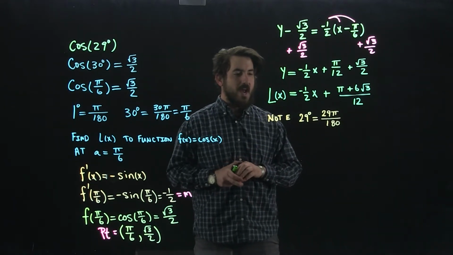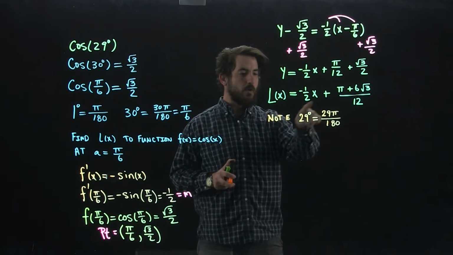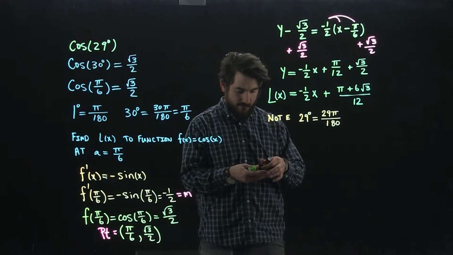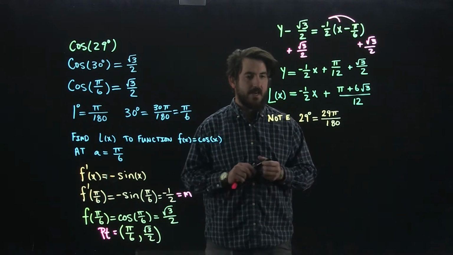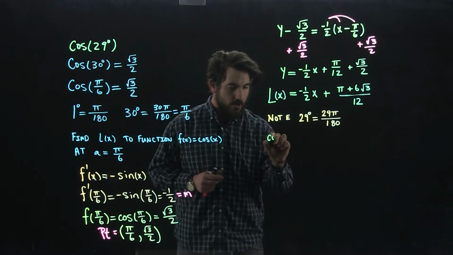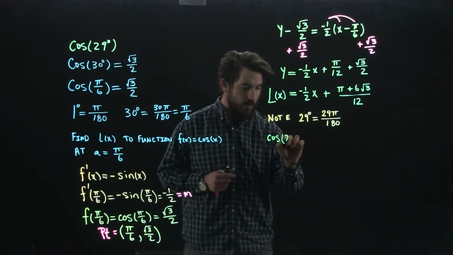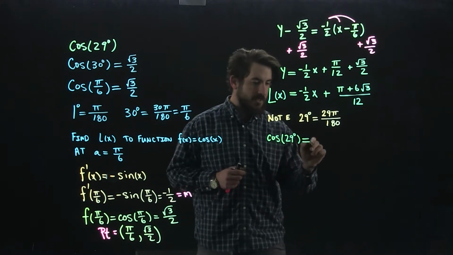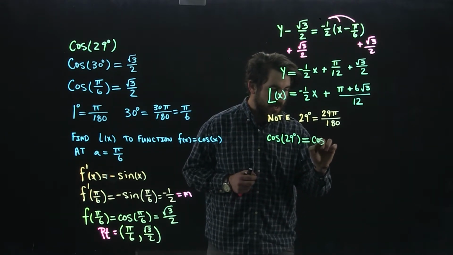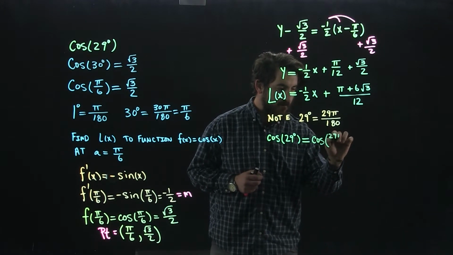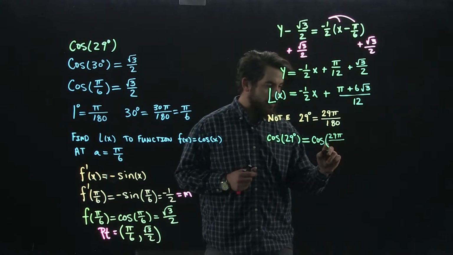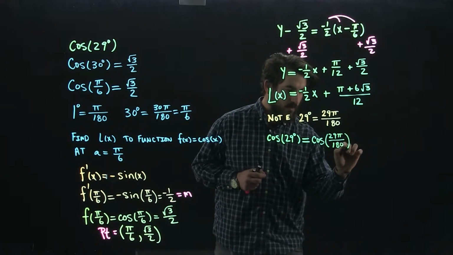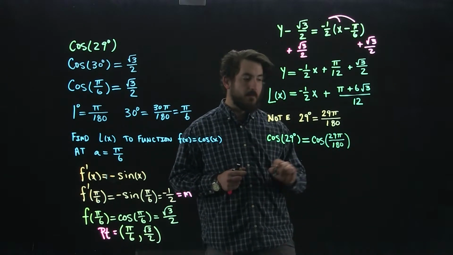And so what we have here is this conversion. I'm going to use this conversion in my L of x. So what I mean to say is cosine of 29 degrees equals, I'm using the equal sign here, cosine of 29 pi over 180. And here you should notice my approximation.